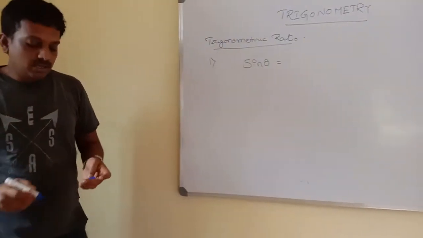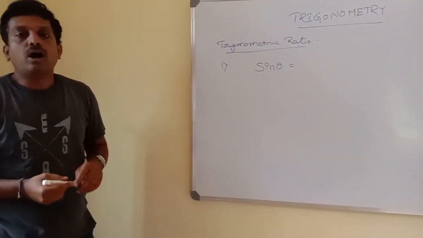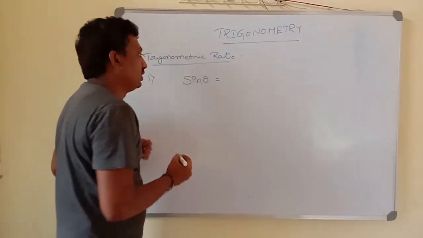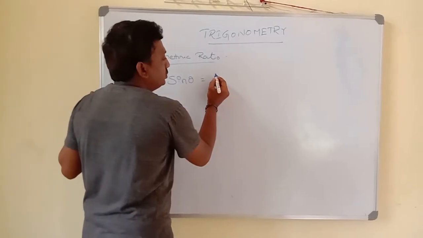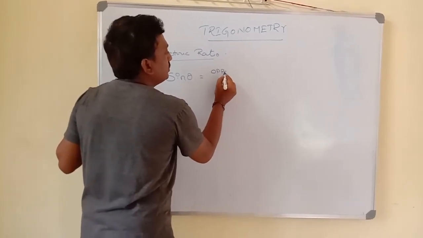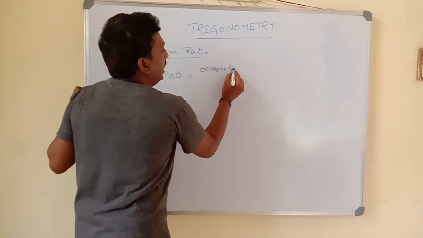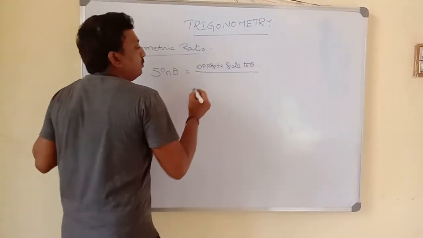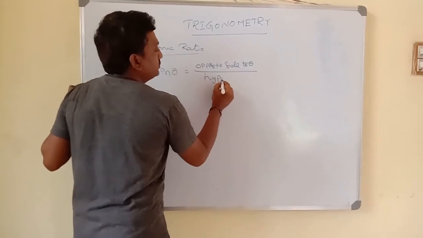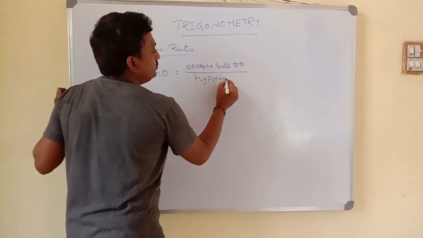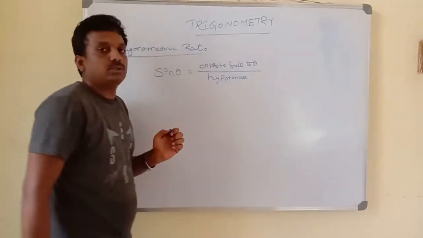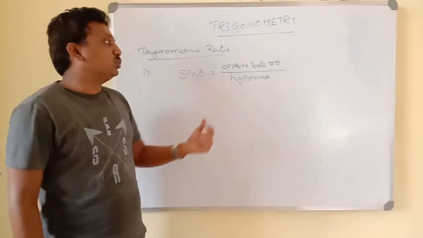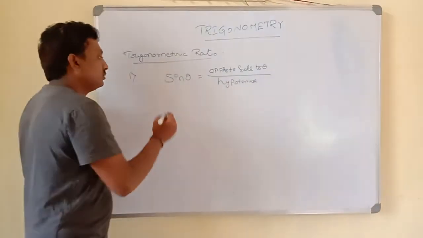Sine theta means the ratio of the opposite side to theta and the hypotenuse. Sine theta equals opposite side to theta by hypotenuse.